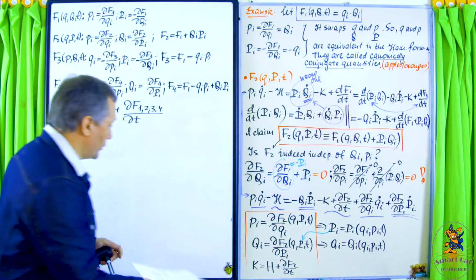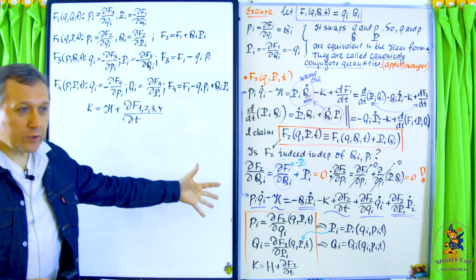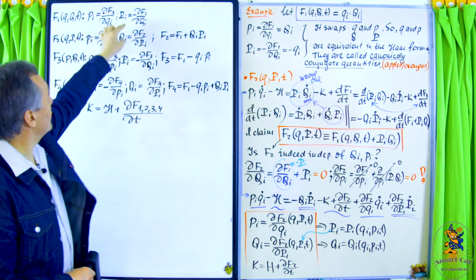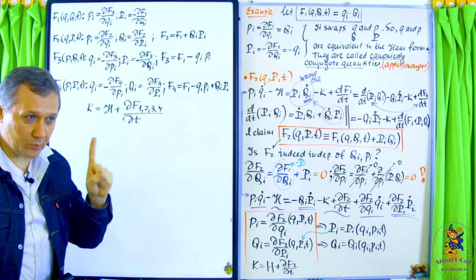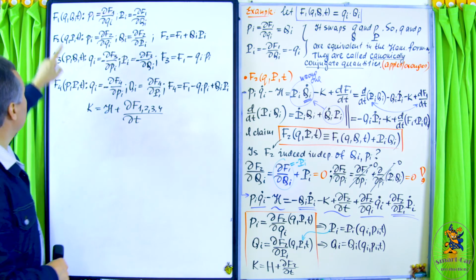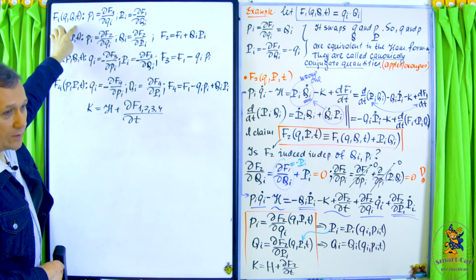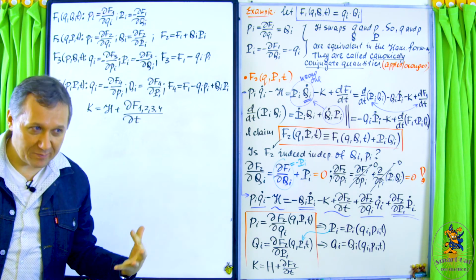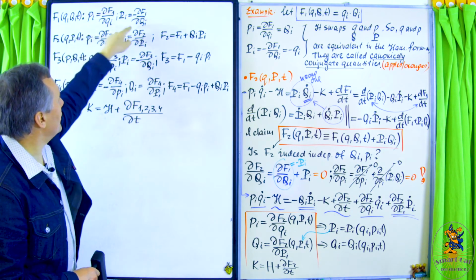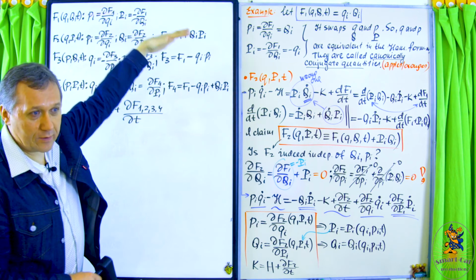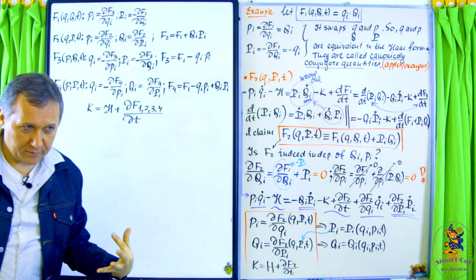Another thing which I wanted to mention. Look, basically time is in none of these transformation equations. Time is not involved. It means that if your generating function is time independent, it doesn't have explicit time dependence, then you can tell immediately that your transformation equations will also be time independent.